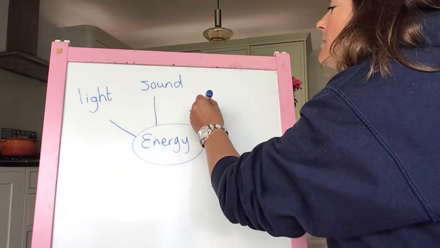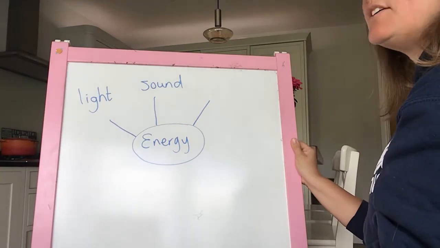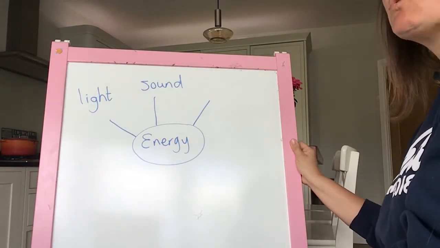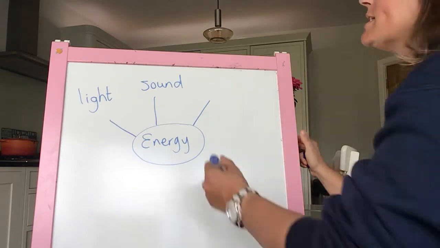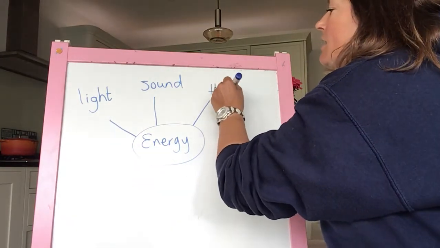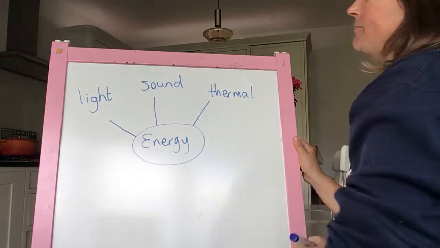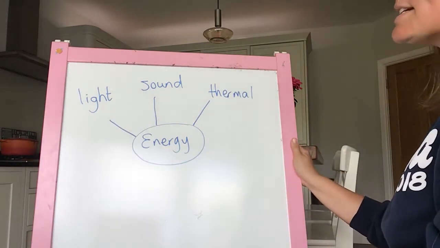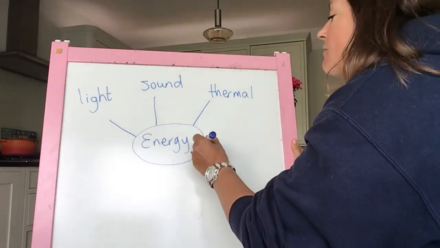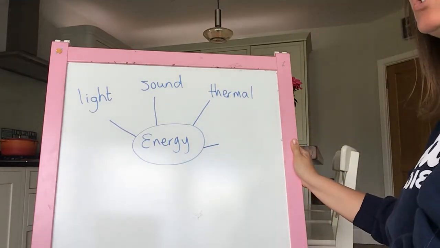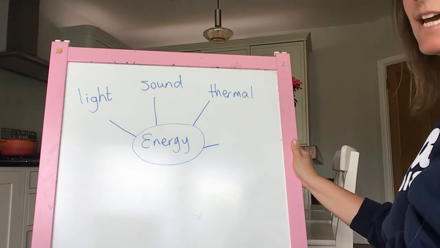The next one is thermal energy. That's the posh way of talking about heat energy. So instead of saying heat energy, we say thermal energy. The next one I can think of is movement energy. And again, we have a word that you need to use in science to describe movement, which is kinetic energy.